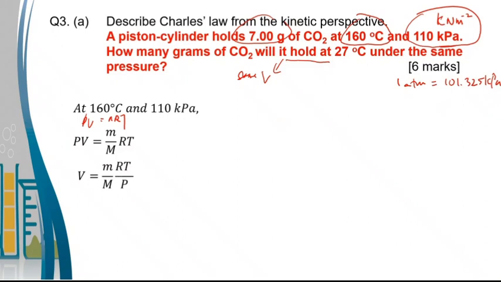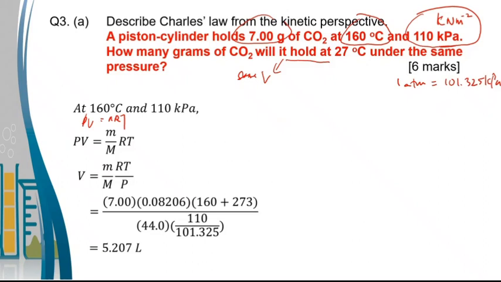The volume will be the mass over molar mass, times RT over P. So when we substitute the values of mass and molar mass: the molar mass of carbon dioxide is 12 plus 16 multiplied by 2, which is 44 grams per mole.